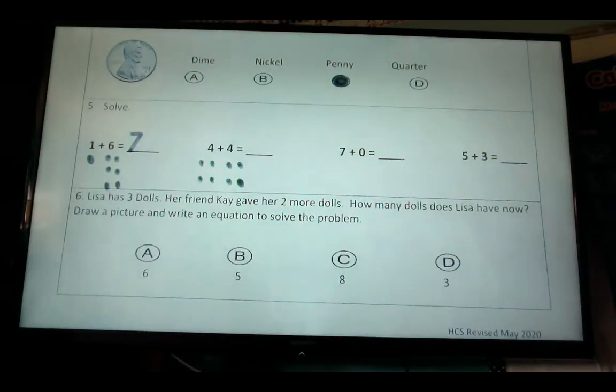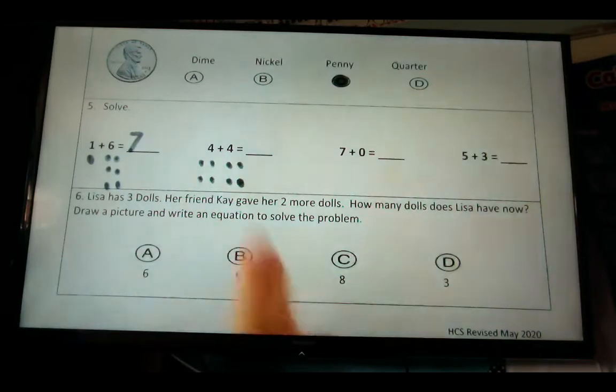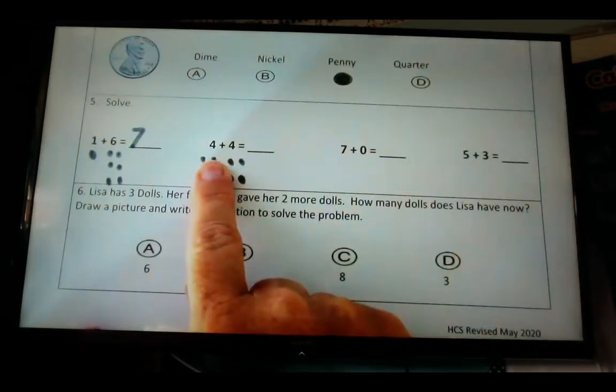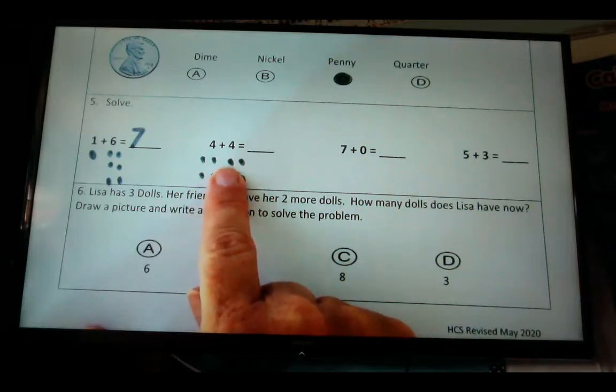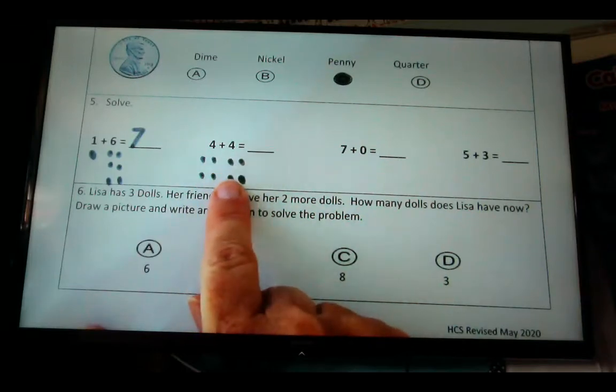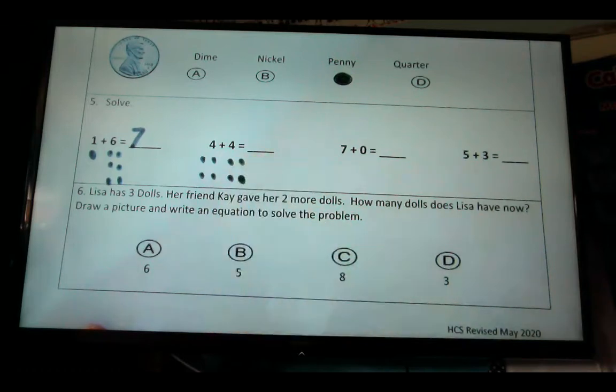Now, I am going to put both sets of dots together. I'm putting them together because the sentence says 4 plus 4. And the plus sign means to put together. Let's count. 1, 2, 3, 4, 5, 6, 7, 8.